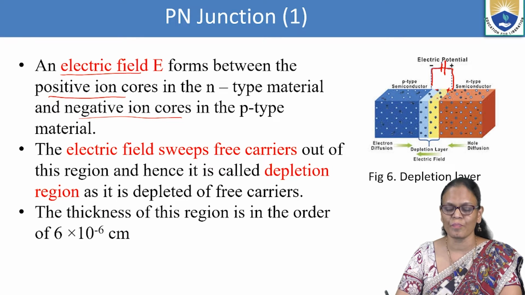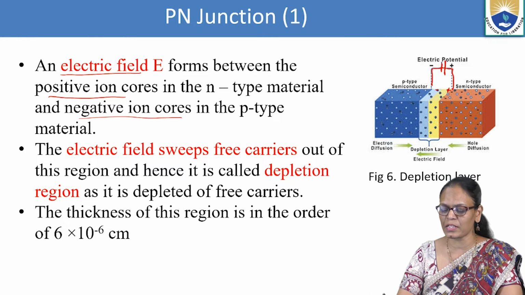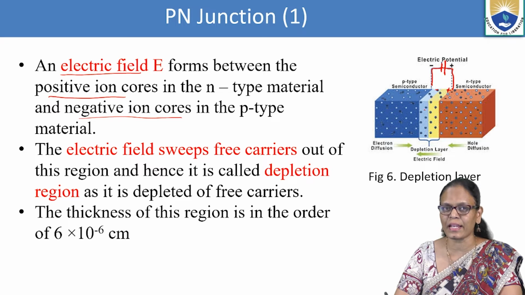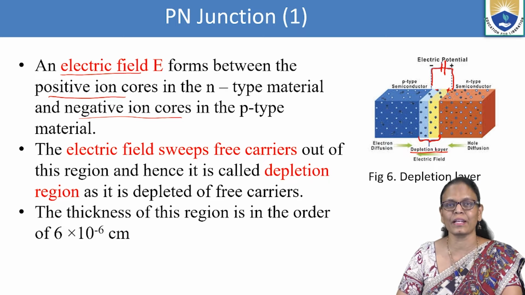the junction. Now this electric field sweeps the charge carriers out of this region. Means there will be no more charge carriers in this region, or I can say that this region is depleted of charges. So we will call it the depletion layer.